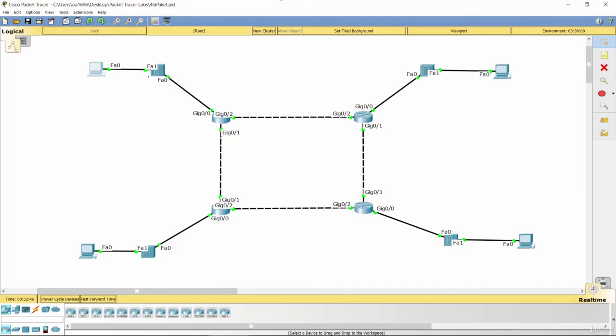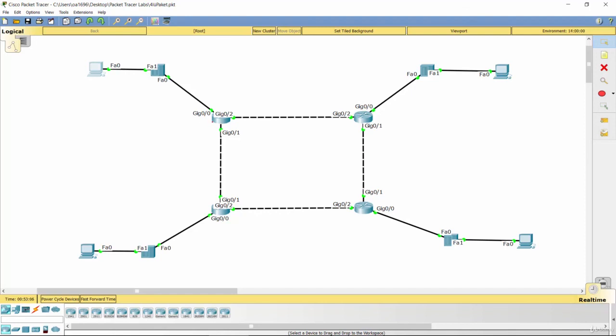If I wouldn't be able to ping my default gateway, I would check the Gig0/0 interface's IP configuration first.